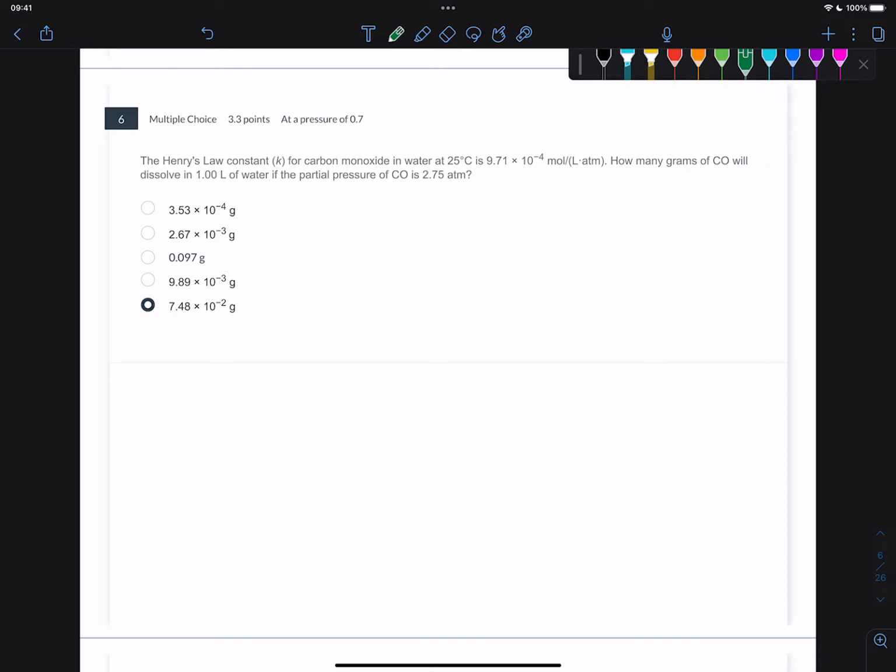And even if you don't really remember what the equation is, this is a great example of how dimensional analysis is important, because you look at the units here for this constant, and it's really written out like this. It's moles divided by liters times atmospheres. And if you think about how to get rid of everything, you have liters, so you can multiply that by liters over 1, so that gets rid of it here.